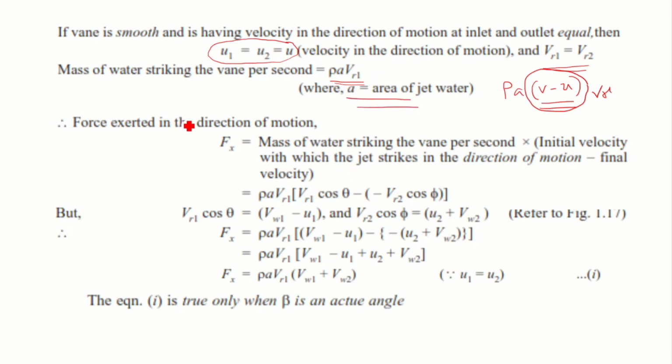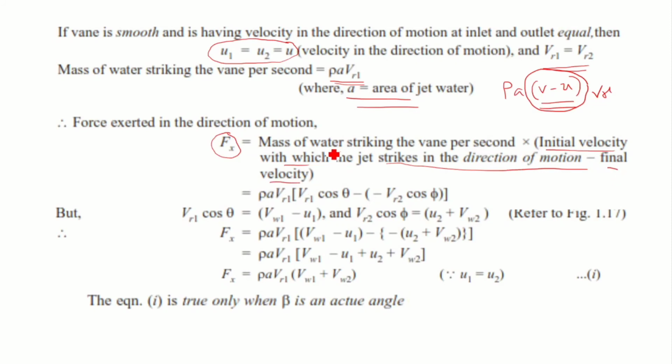So the force exerted in the direction of motion will be Fx. The mass of water striking the vane per second is rho A VR1. Next we need to consider the initial velocity with which the jet strikes in the direction of motion, and the final velocity.